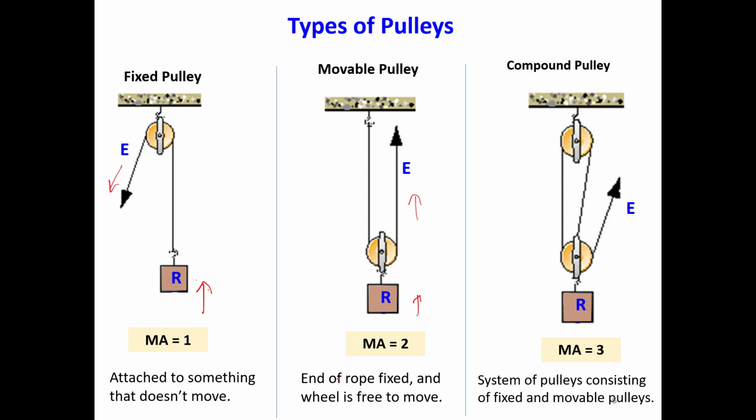For example, if the resistance is 30 newtons, then the force you need to apply if you use this simple machine will be 10 newtons, as it will be reduced by 3. But also in this example, the direction of the force doesn't change. Then these are 3 different types of pulleys.